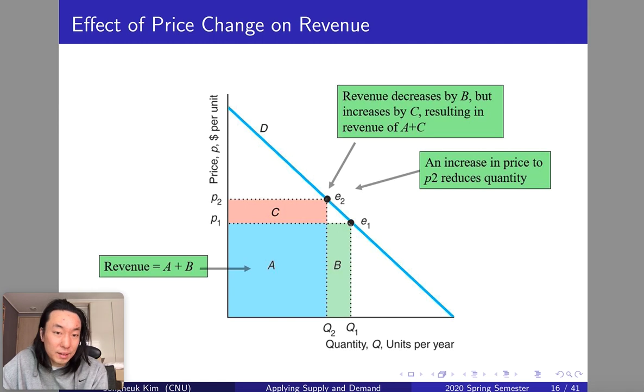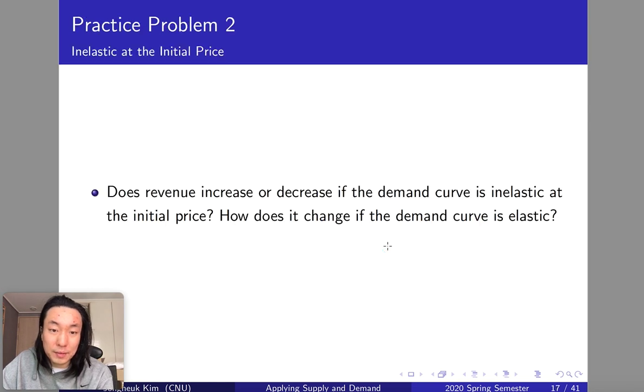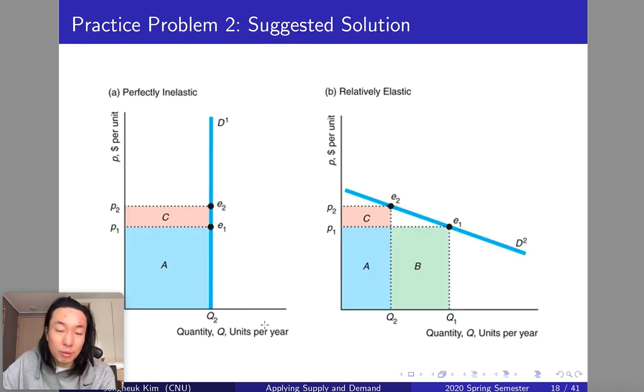So we can guess that your demand curve is really important in determining your revenue. If your demand is really inelastic, which means that your demand is really not sensitive to the change of price level, then the price increases from P1 to P2 but your demand is not changed because you are not sensitive anymore.